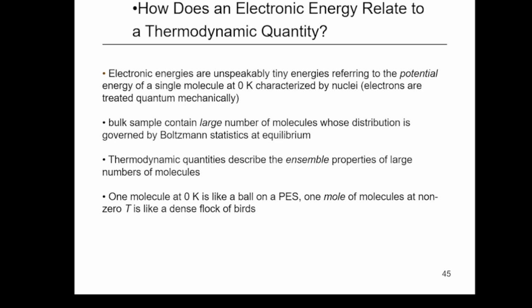If you talk about energy per single molecule, it will turn out to be a really small number. The electronic energy is in fact the energy of a system coming from the interaction of electrons with nuclei, nuclear interaction, electron interaction.